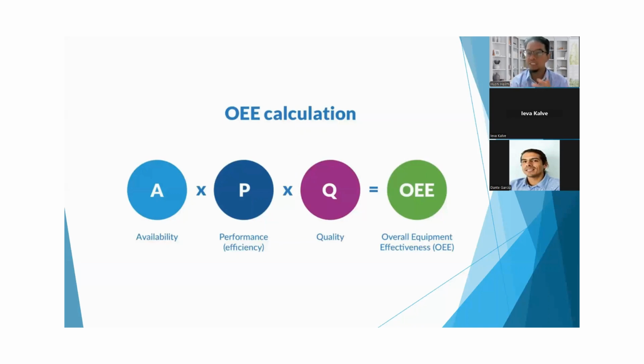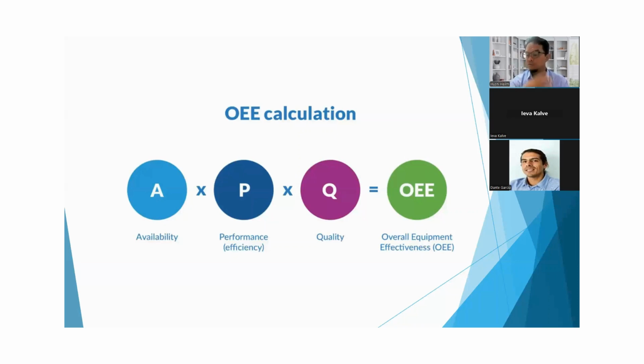If the performance is, let's say you have the cycle time per hour, let's say 10 pieces per hour, but your production is running only at 5 pieces per hour, that's probably like 70% of your performance. And the quality is the quantity of rejects.